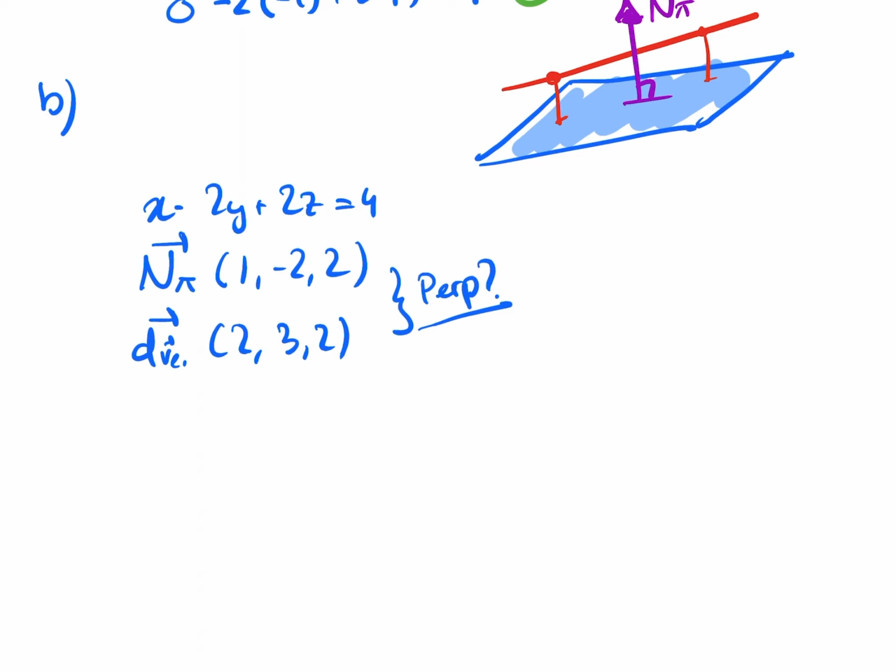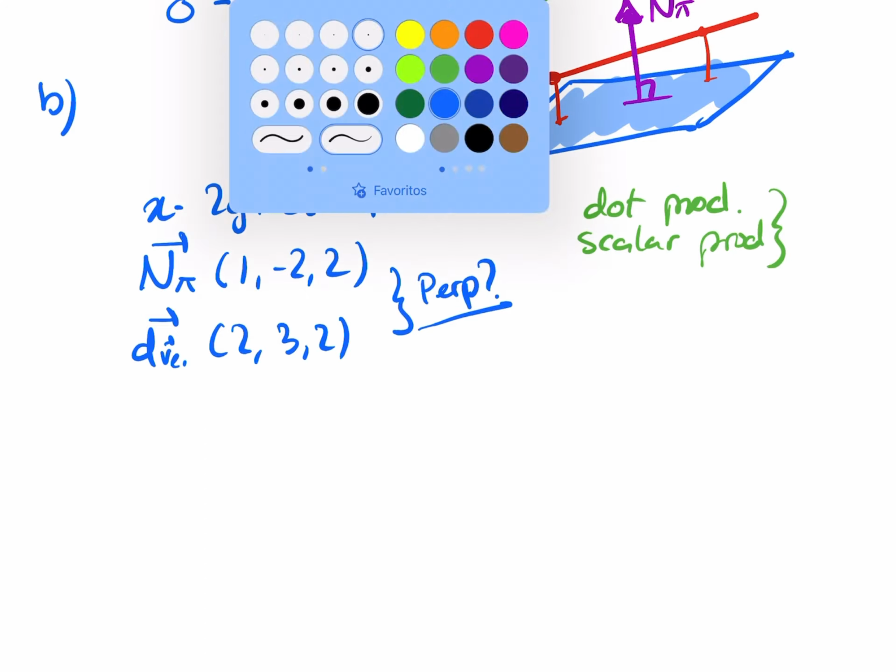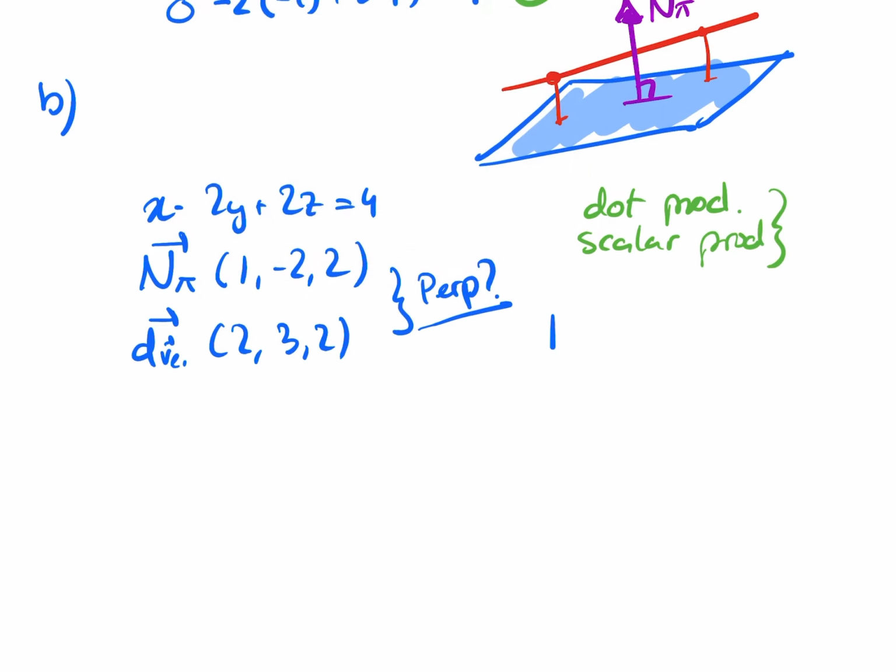Are they perpendicular? For checking if two vectors are perpendicular, we need to use the dot product or the scalar product. It has two different names. The dot product says that 1 times 2 plus 3 times minus 2 plus 2 times 2 will be equal to 0 if they are perpendicular.